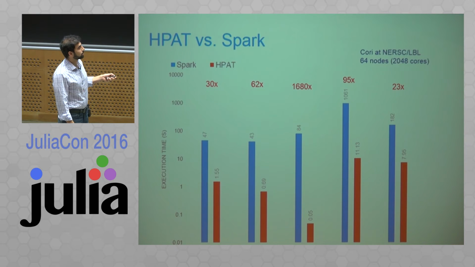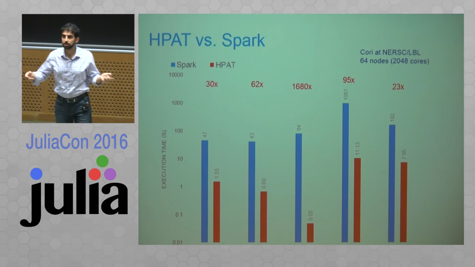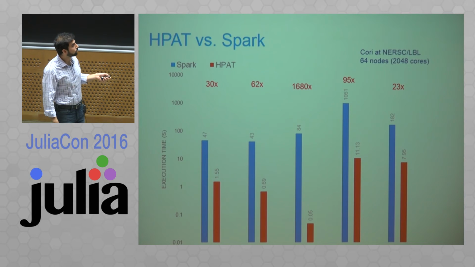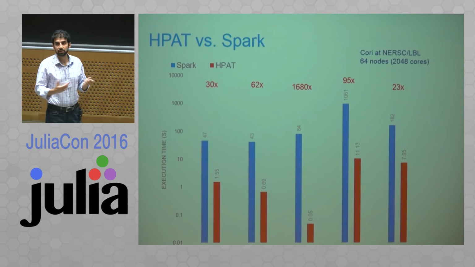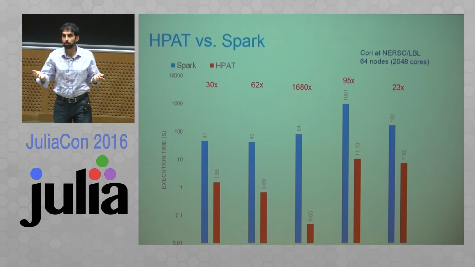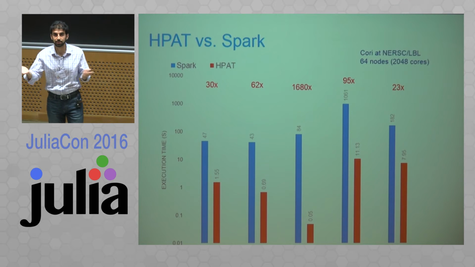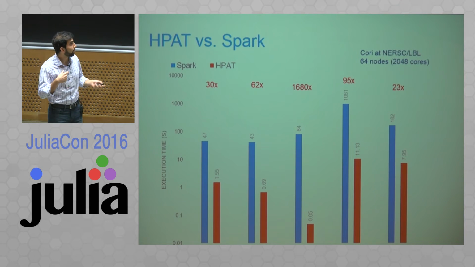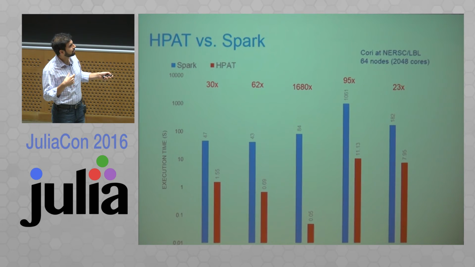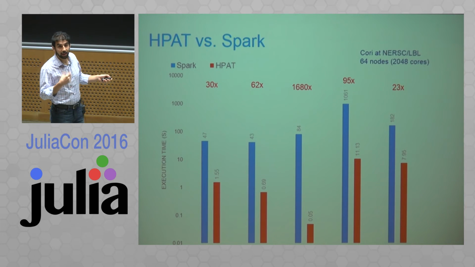The first benchmark is 1D sum. A huge vector, just sum it up. Load it and sum it up. Very simple. The second one is the same, except that it filters the vector to some only values greater than some constant like 10.